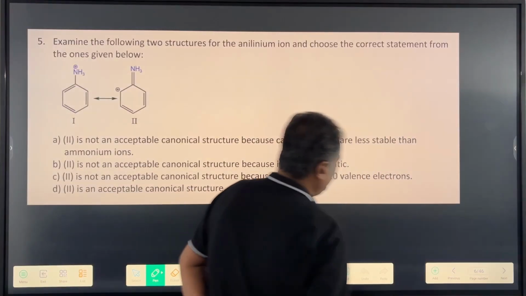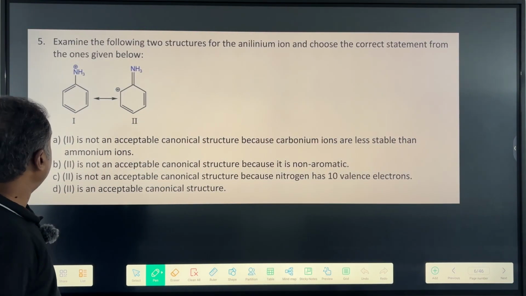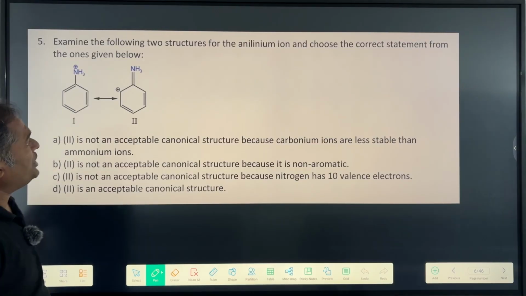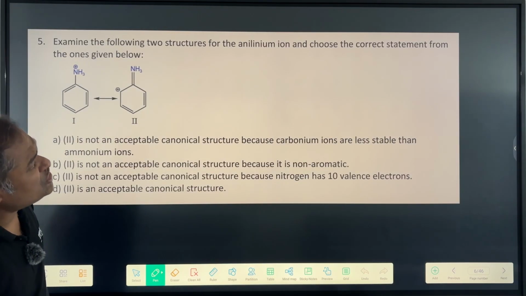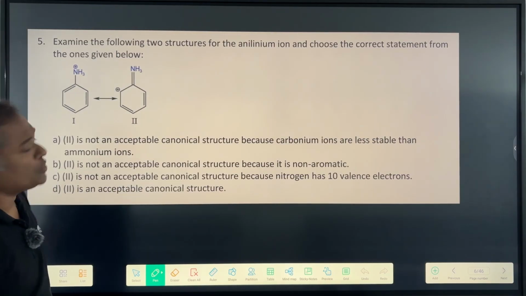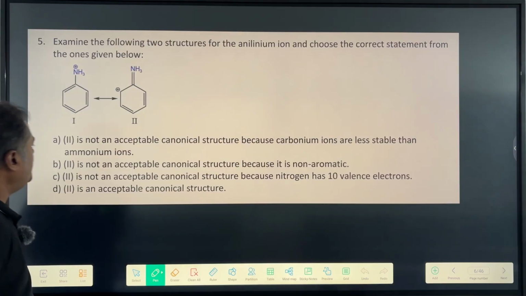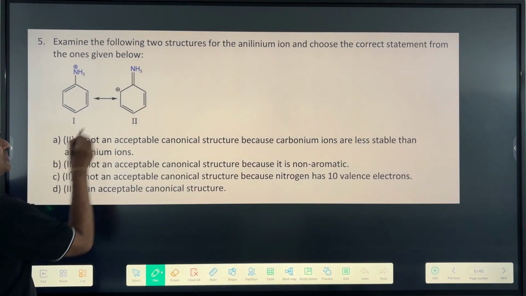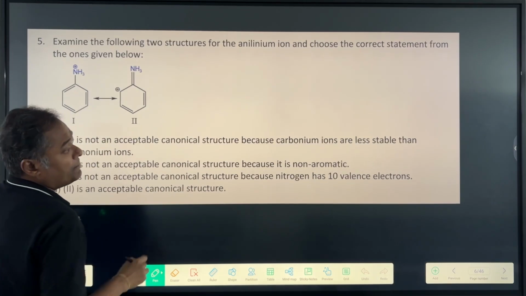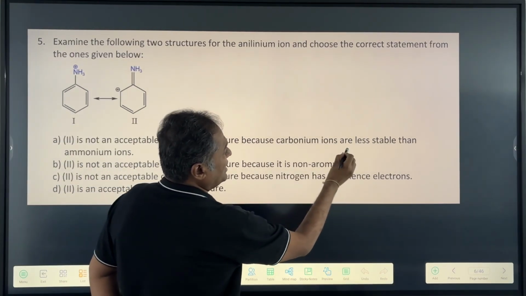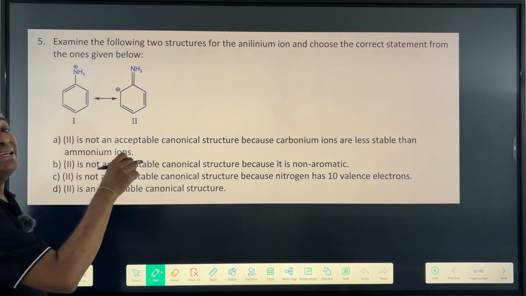Now in question number 5, child, they have asked us to examine the following two structures for anilinium ion and choose the correct statement for the one. There are 4 statements given to you. The first says the second structure is not an acceptable canonical structure because carbonium ions are less stable than ammonium ions.